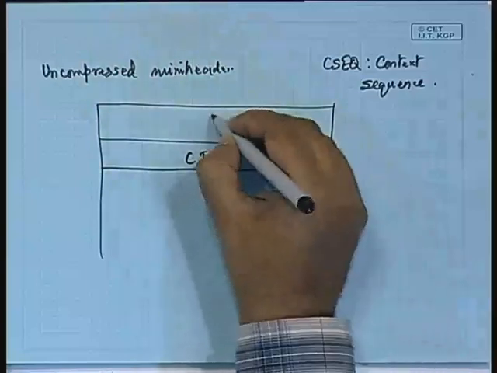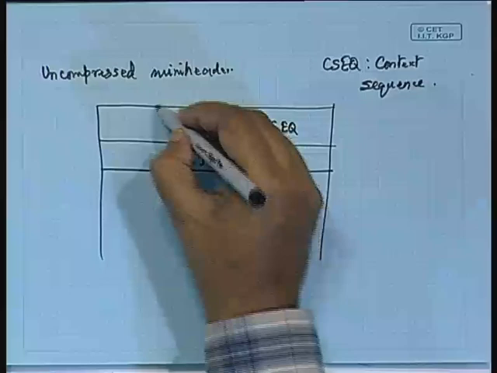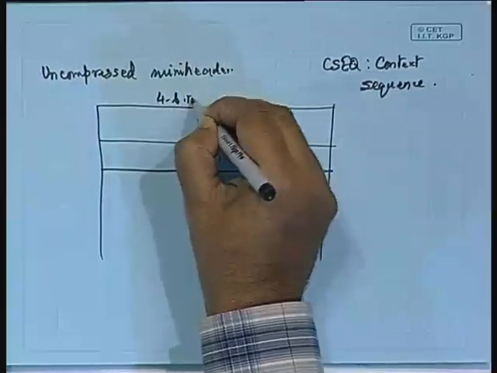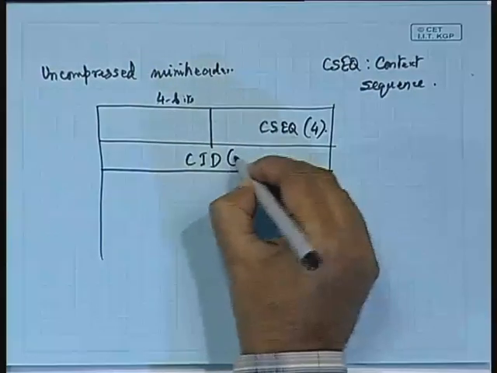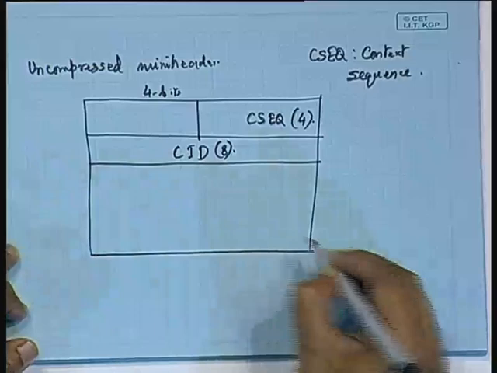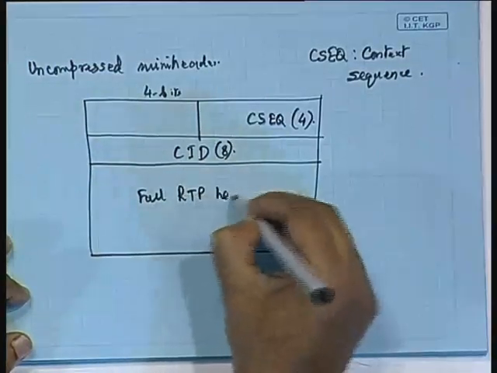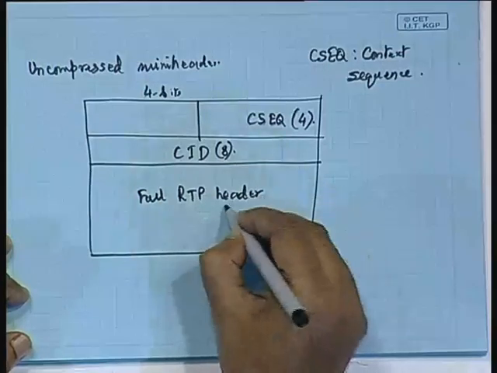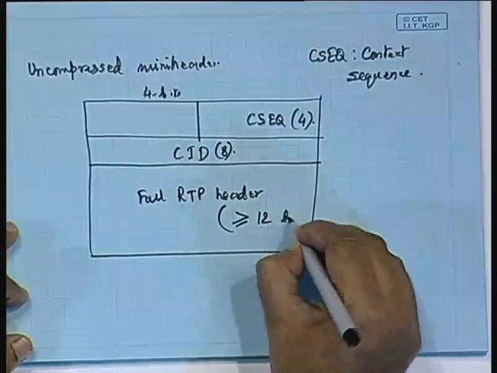This is 1 byte of information. There will be some identification information in 4 bits, the C sequence will be 4 bit information, whereas CID will be 8 bit information, followed by the full RTP header, and the full RTP header will be greater than or equal to 12 bytes.